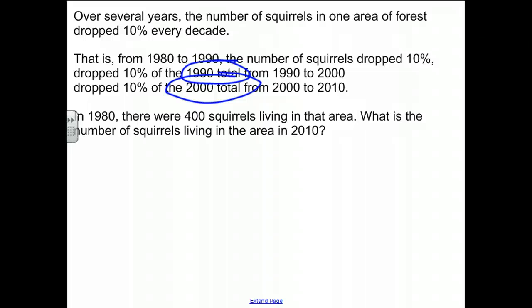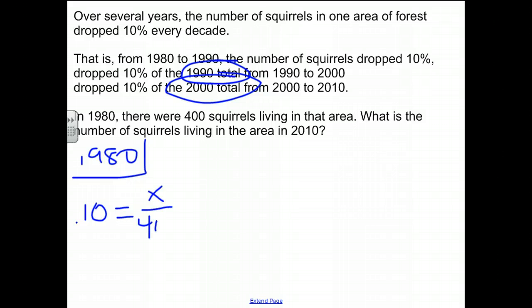So let's just take 1980. In 1980, there were 400. So the percent change, which is a 10% drop, equals, which written as a decimal is 0.1, equals the amount of change over the original.